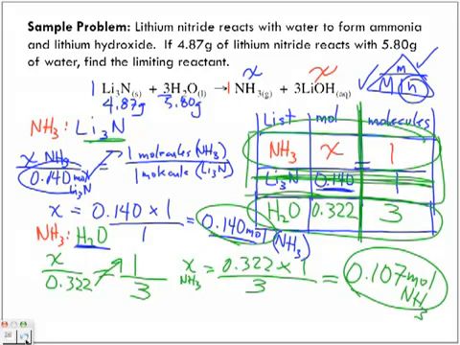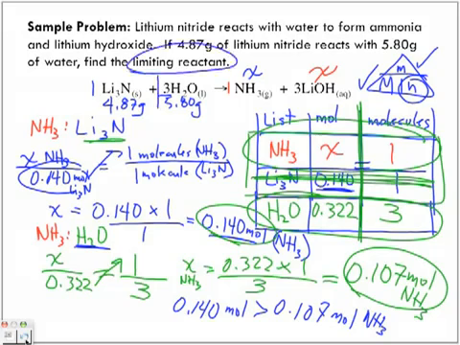So the water is considered the limiting reactant because we have 0.14 moles of ammonia produced as opposed to 0.107 moles of ammonia that is produced by water. So the limiting reactant is going to be water because it creates less of the product.